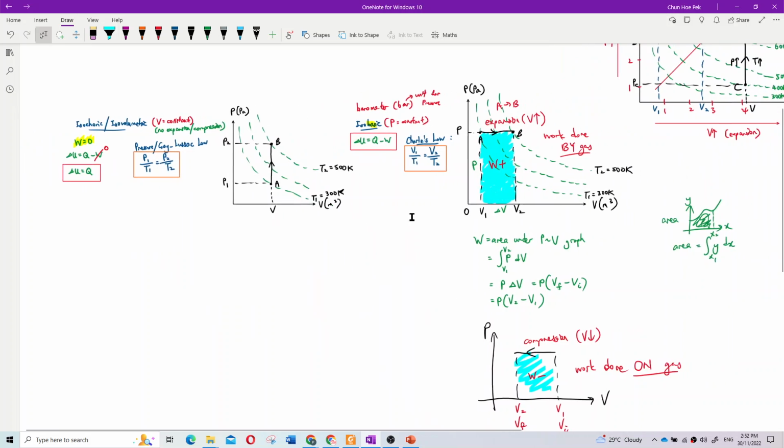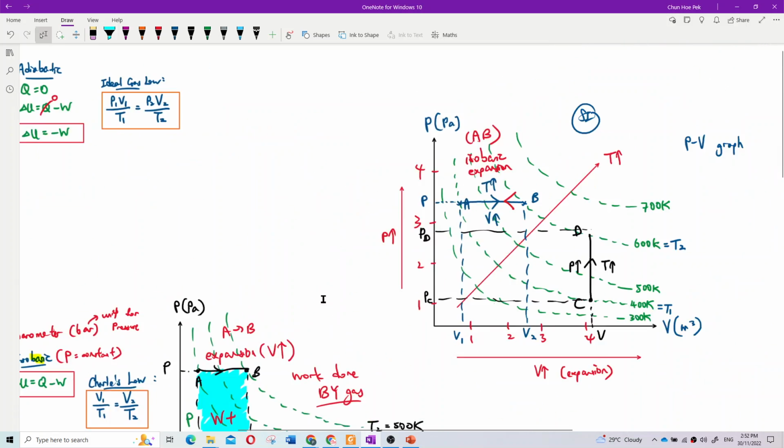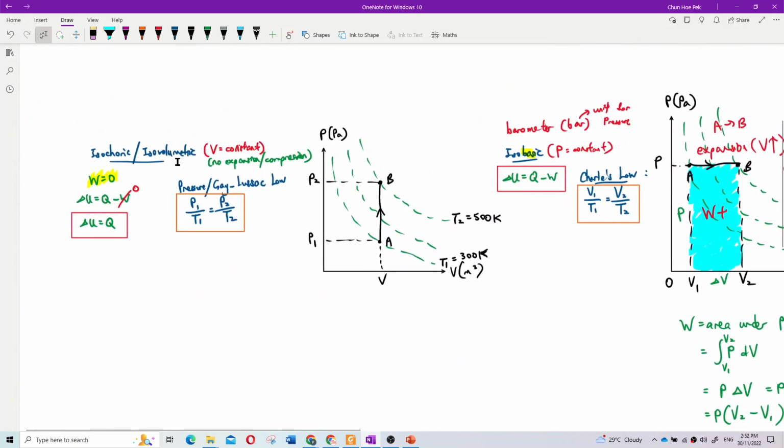Now, how about isovolumetric? Is there any work done for isovolumetric, volume constant? No. No area, right? The area under the PV graph is zero, so zero work done.